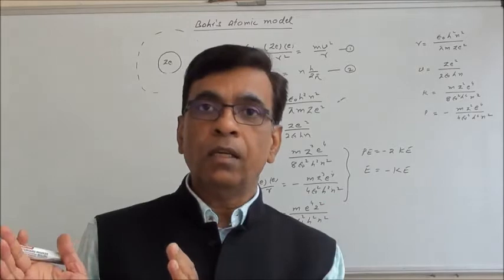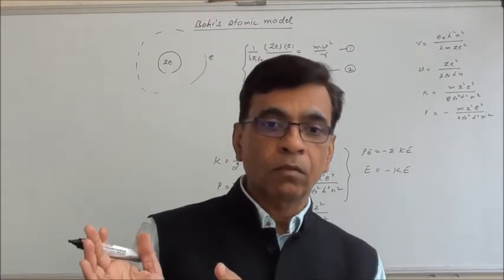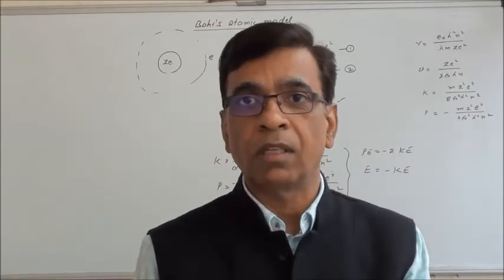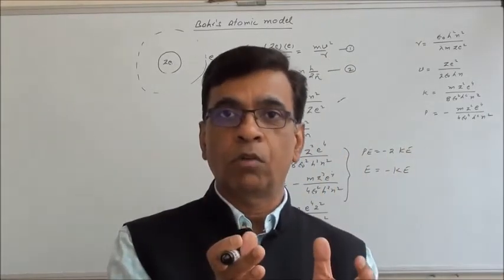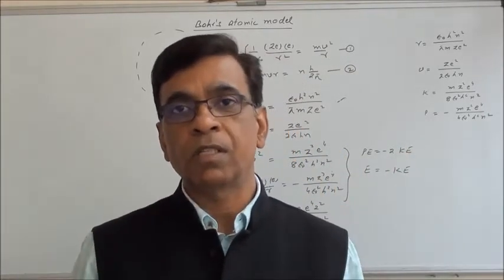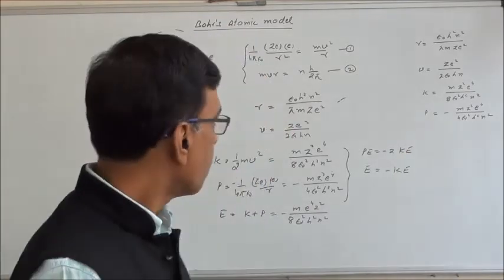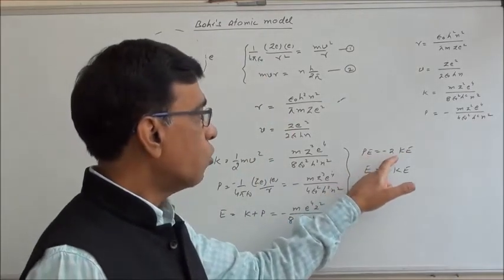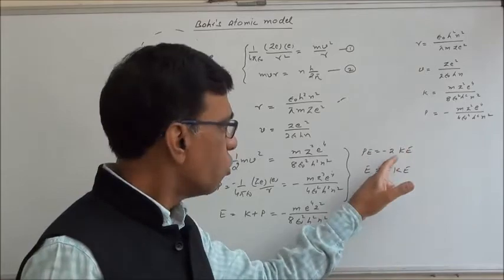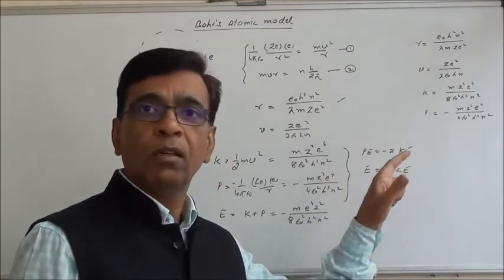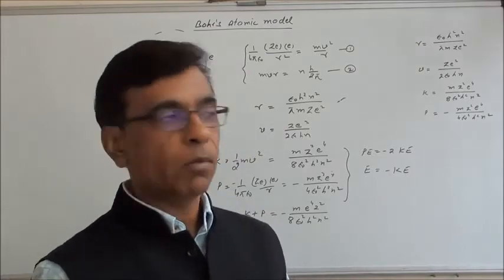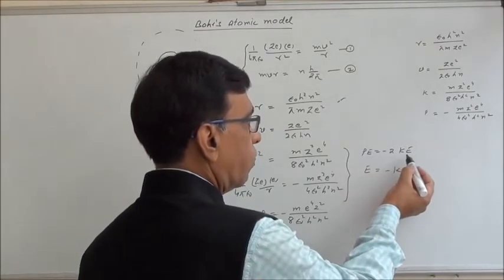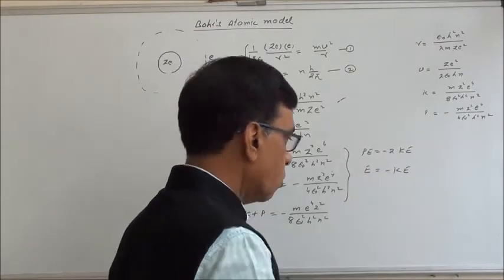It is just like we did in escape velocity. So long as the energy is negative, the system is bound. The moment it becomes 0, it means the system is no longer a bound system. Kinetic energy needs to be less than potential, potential more, because if negative is more only, then the system will remain bound. So potential is double of kinetic, but minus, total energy is also minus.